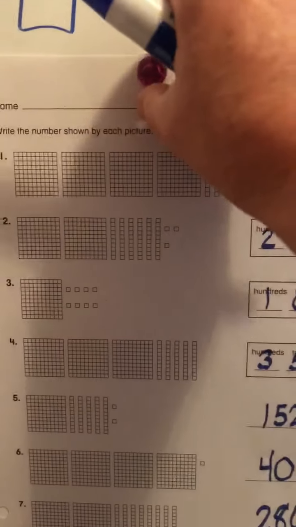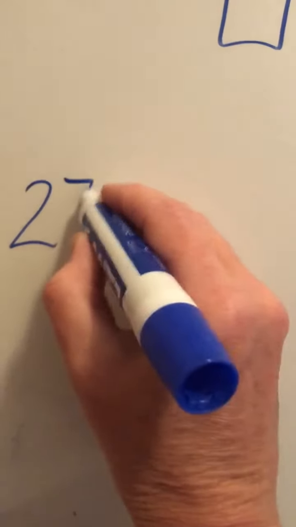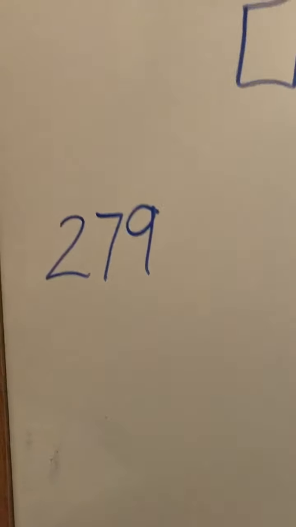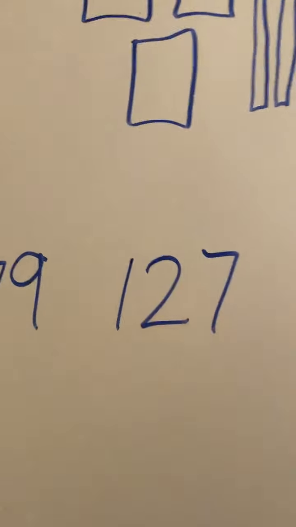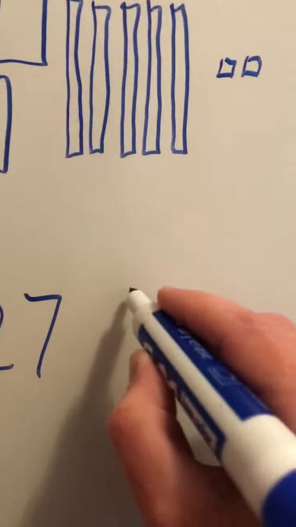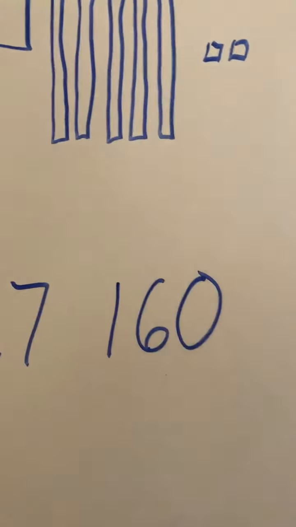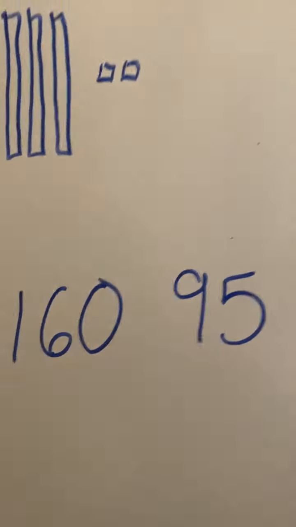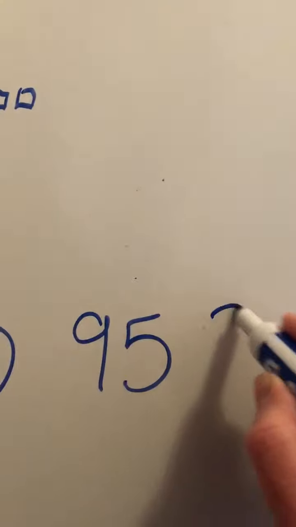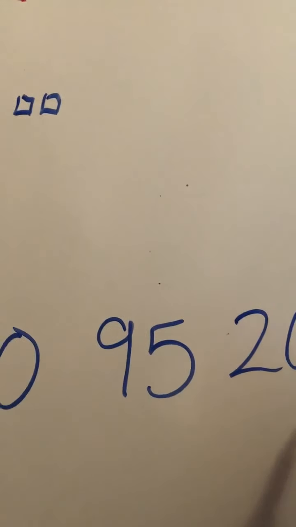Okay, very quickly here, we're just going to quickly look at comparing numbers like we just did. I'm going to write some numbers on the board here. 279, 127, 160, 95, and 205, okay?